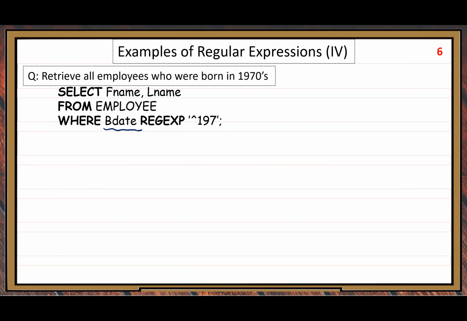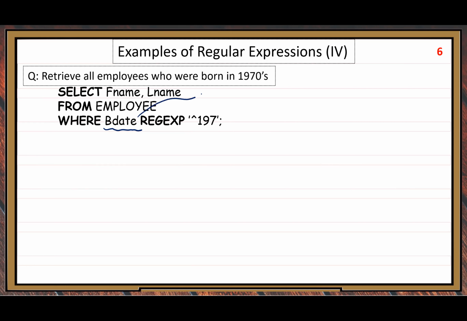Beginning location, the hat symbol, then 197. After that, any character is fine. Because look at the format of our B date.